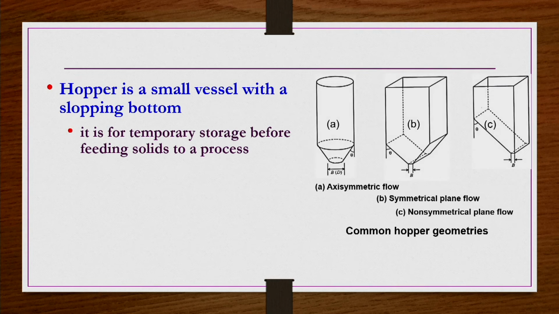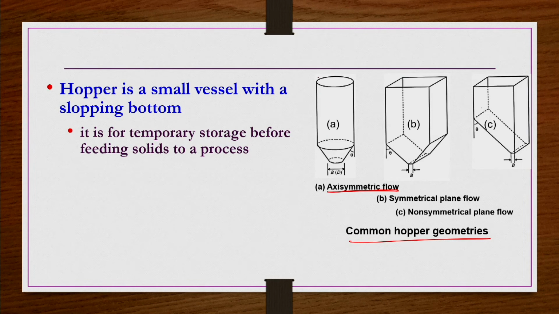So, if you have common hopper geometries, these three different types are possible. The first one is the cylindrical container with axisymmetric flow conditions.